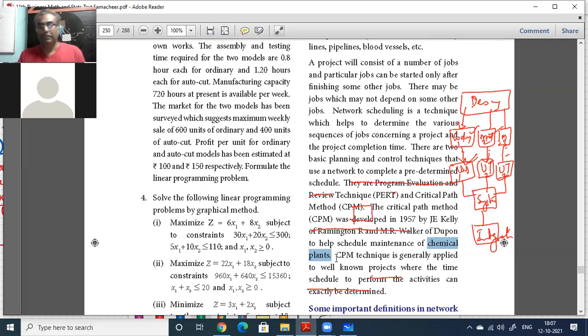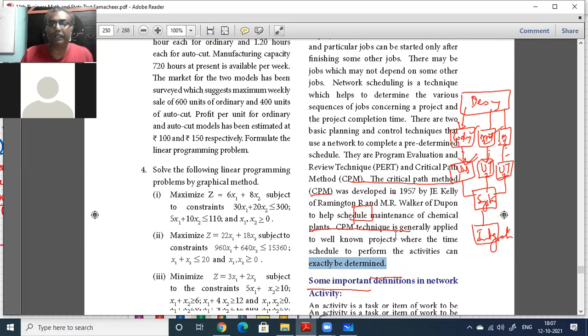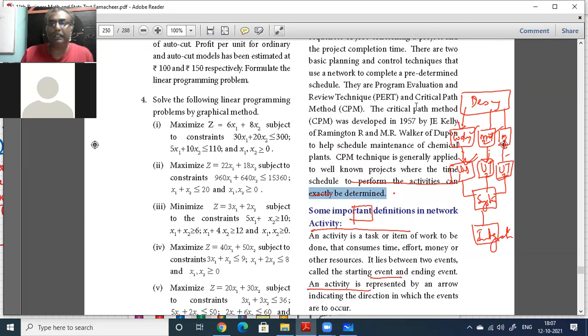That is why the CPM technique was developed. CPM is generally applied to well-known projects where the time to perform the activities can be exactly determined. When you cannot exactly determine it, you use PERT. When you can exactly determine the time, you use CPM.